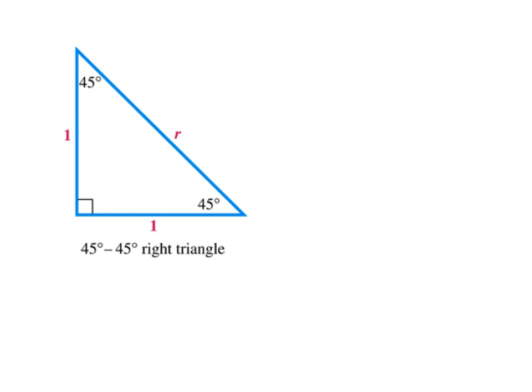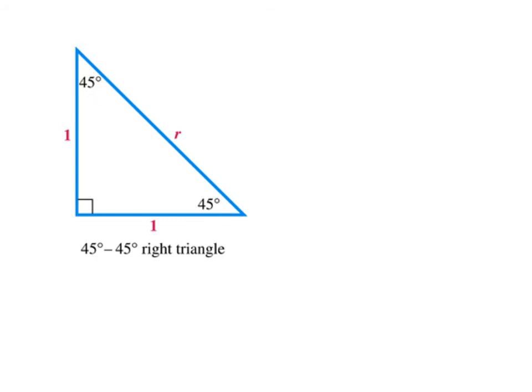The next special triangle that we will look at would be the 45, 45, 90. Now, something that you should definitely notice is that when the two legs of the triangle are equal, that means that the two angles must also be equal. That's incredibly important to pay attention to. And if the angles are equal, then they have to be 45 degrees.